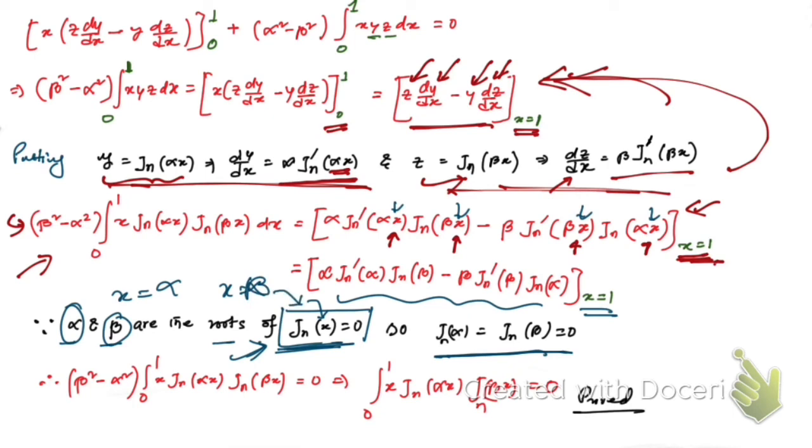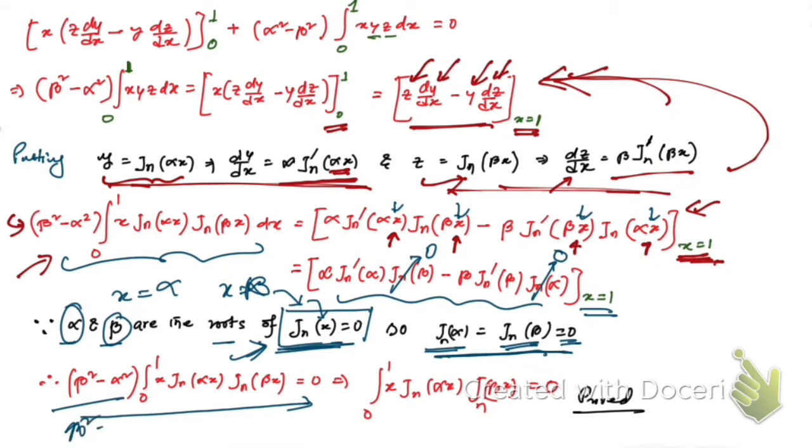So from here you get Zn of alpha and Zn of beta is equal to 0. If you put 0 here and here also, then the right hand side will be 0, and the left hand side is this. And if you divide both sides by beta square minus alpha square, 0 divided by beta square minus alpha square, you will get this result.